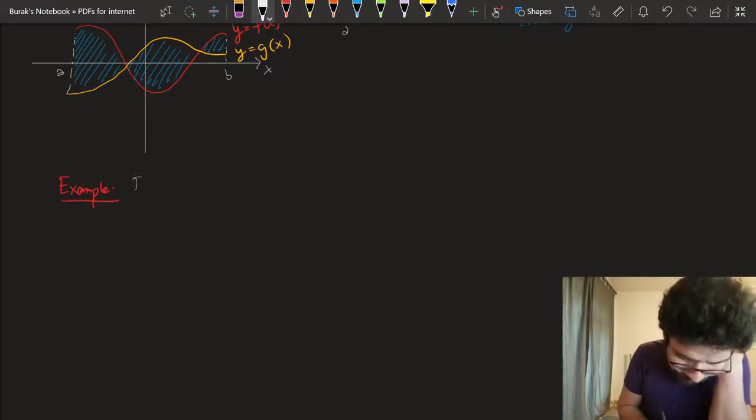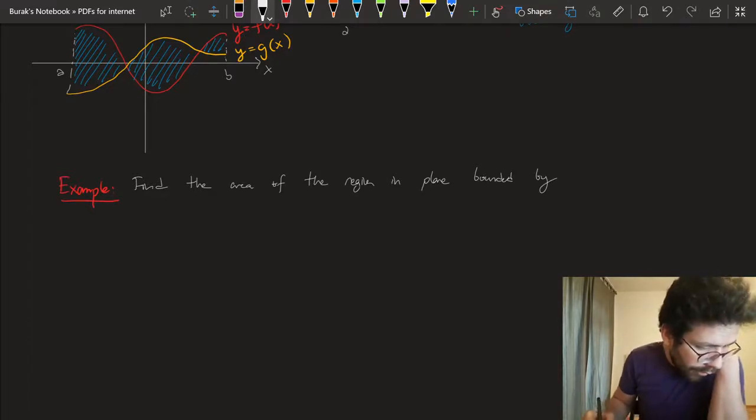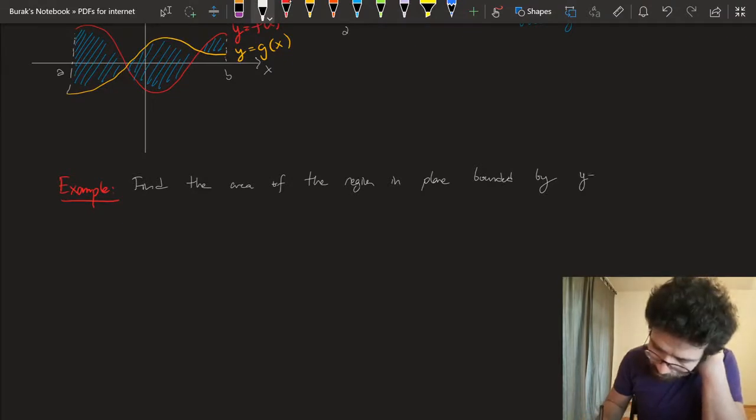Find the area of the region in the plane bounded by y equals x squared minus x and y equals 3x plus 5.